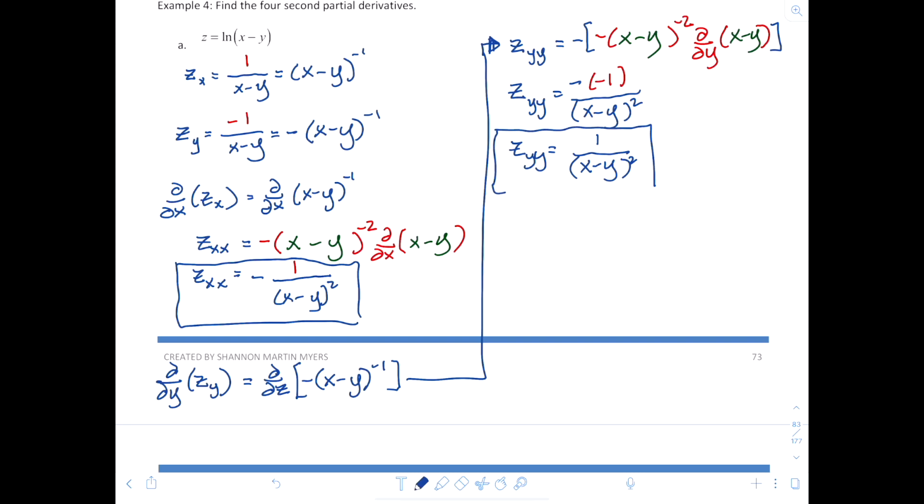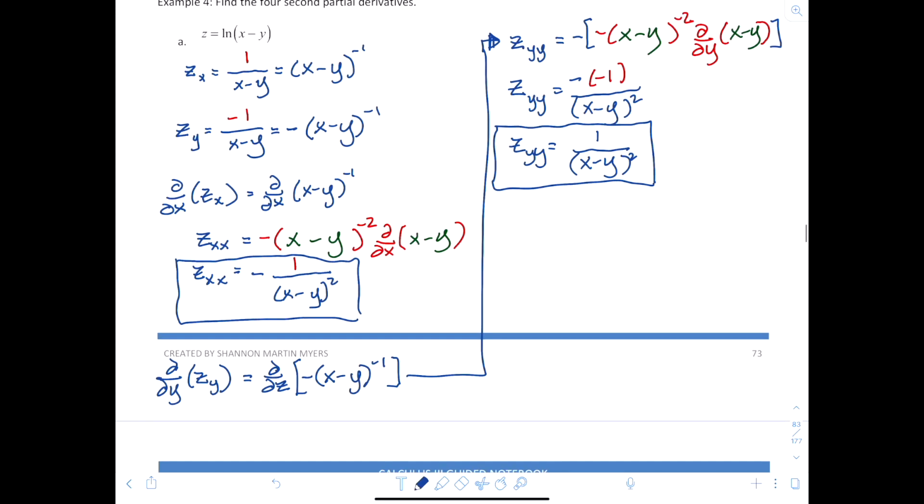All right. So now, here we go. If I want to find z_xy, remember that I find d/dy of z_x. Well, that's going to be d/dy of, what was our z_x again? x minus y to the negative 1.